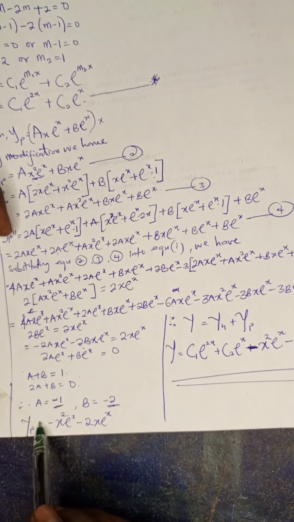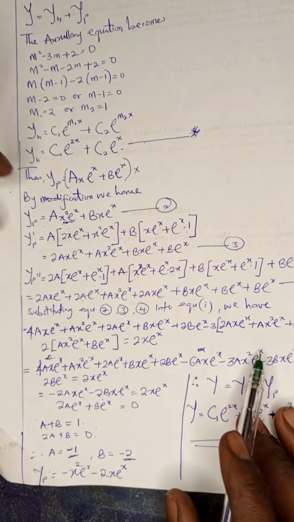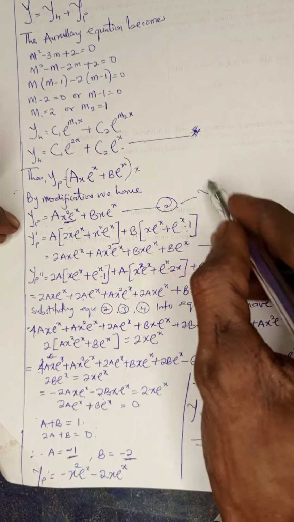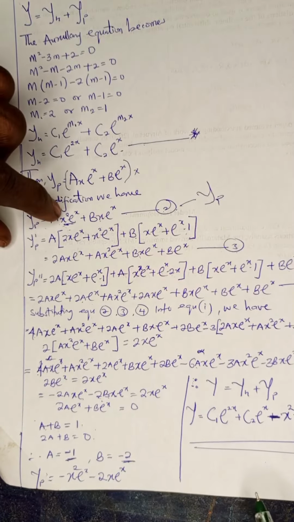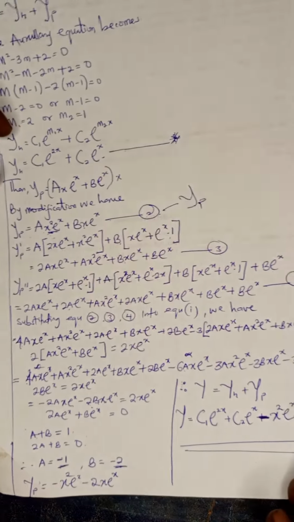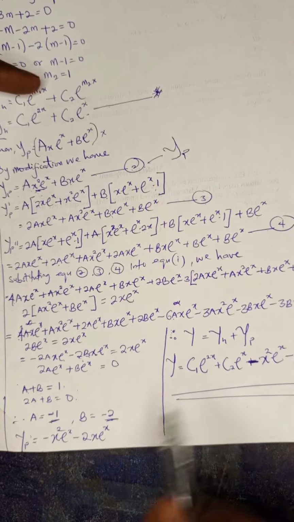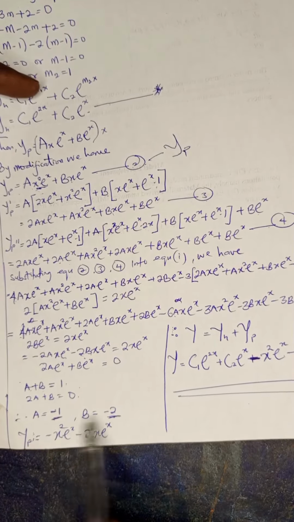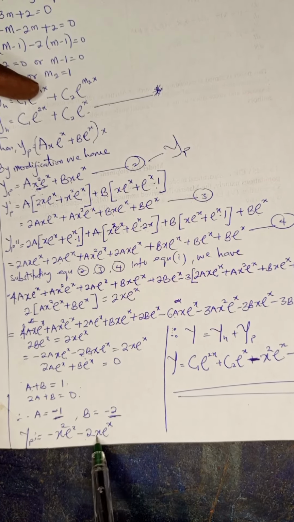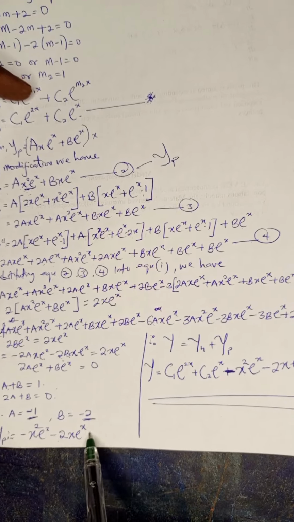So my y particular, remember guys, this from equation 2 is my y particular, where I have a x square e^x plus b x e^x. So having done this, substituting the value of a and b, I have x square e^x minus 2x e^x.